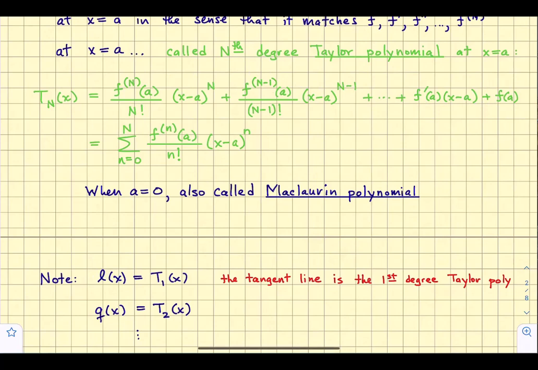So the equation of the tangent line, or the linear approximation that you found in calculus 1, is the first degree Taylor polynomial for f at x equals a. And the q of x that we found above, that best quadratic approximation, is T2. And the cubic approximation was T3. And we could do this for any degree polynomial that you want. This is the way the best approximation always comes out.